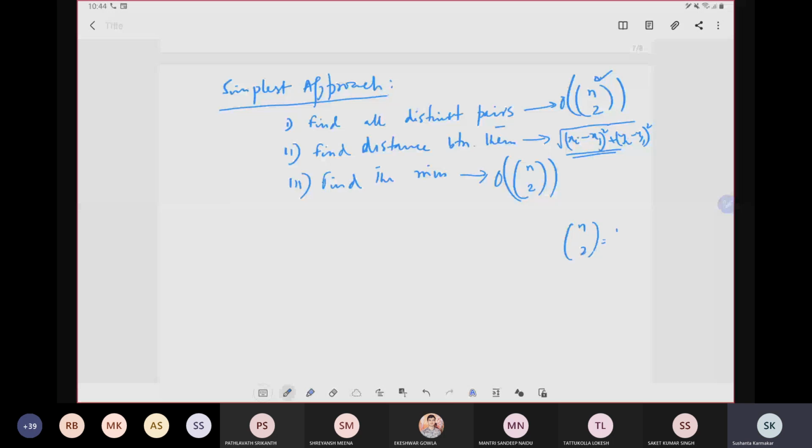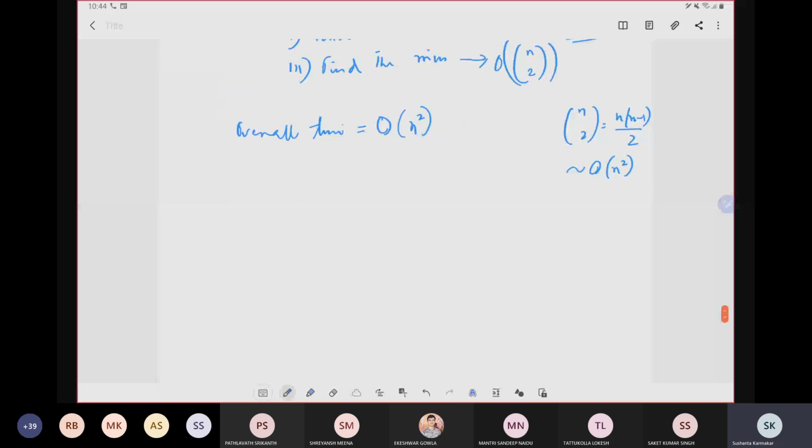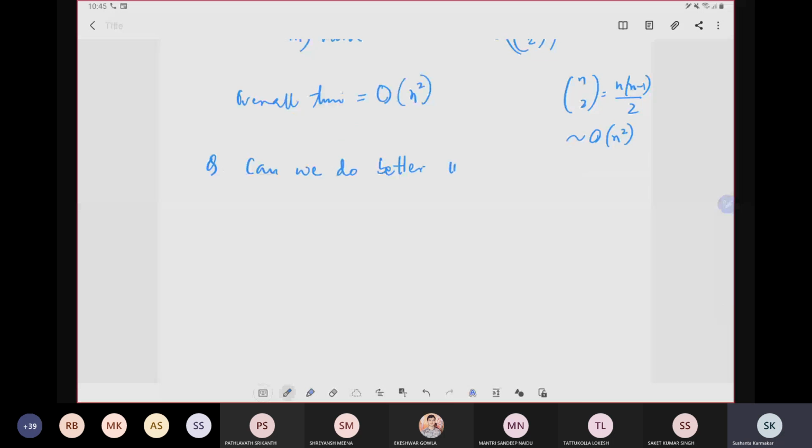This is plain and simple. Now the question is, can we do better than n square? That is one intriguing question that we ask.